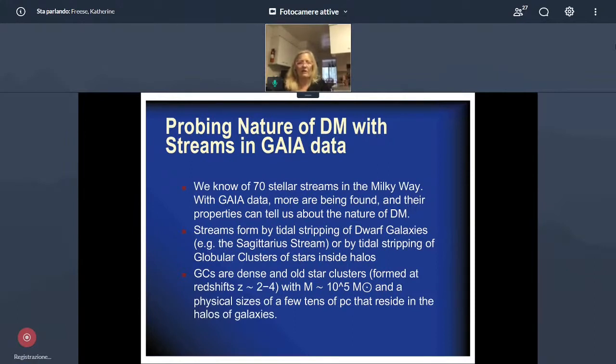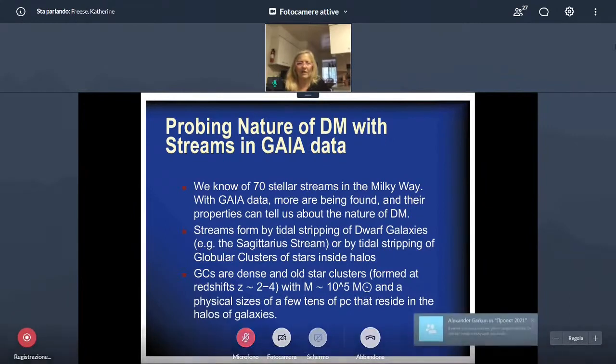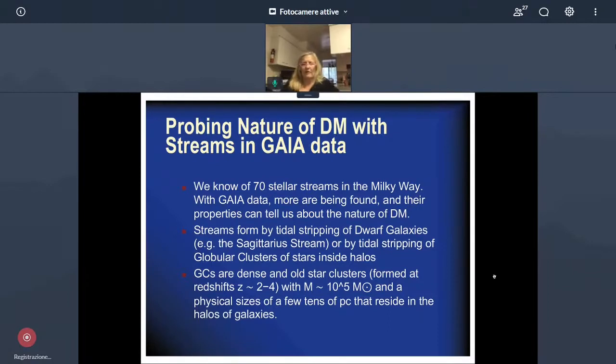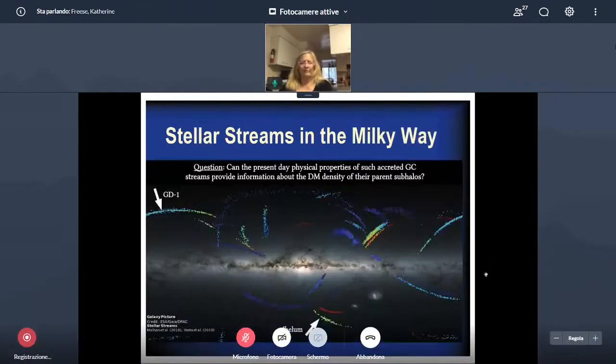They can be formed by tidal stripping of dwarf galaxies, and the second way is tidal stripping of globular clusters of stars inside halos. And for those who don't know, globular clusters are dense and old star clusters formed at redshifts 2 to 4. I've written this on the bottom. They're about 10^5 solar masses in size and tens of parsecs in physical size.